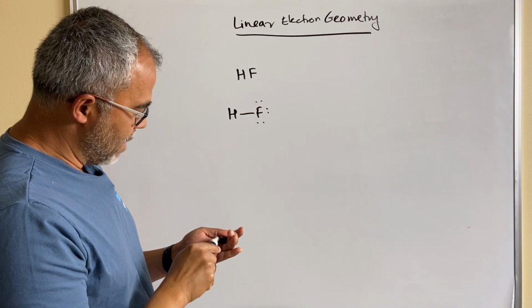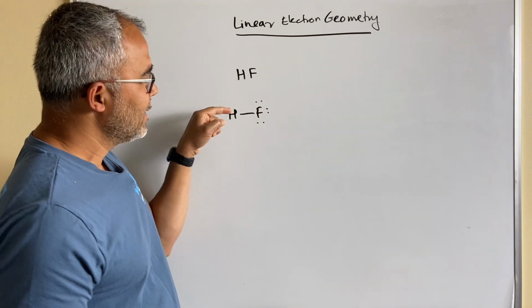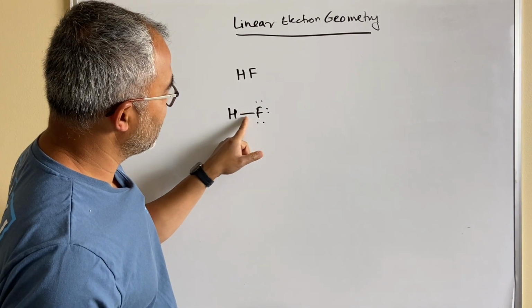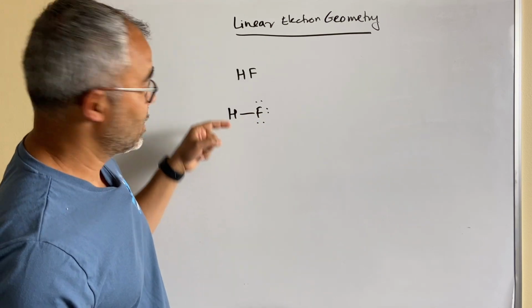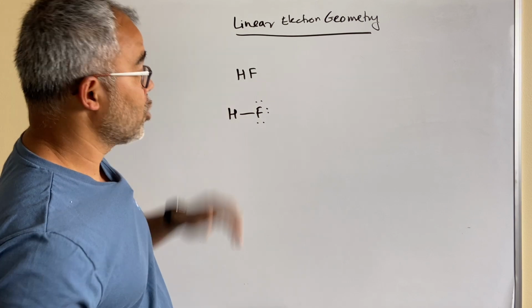And if you imagine the hydrogen being on one end and the F being on the other end, that's essentially a straight line, because you're looking at literally those two electrons between the two atoms. That's a straight line, okay? So therefore this would be linear in geometry as well.